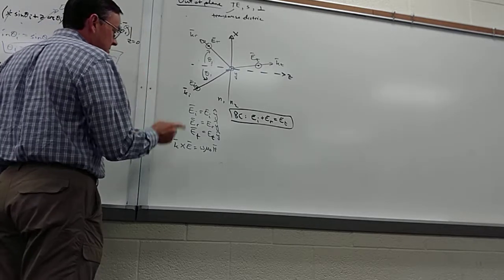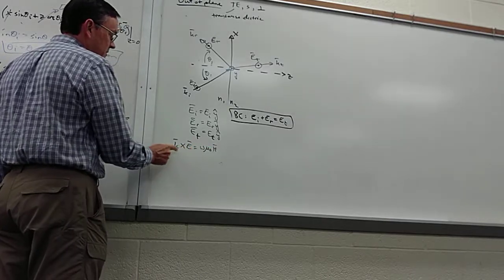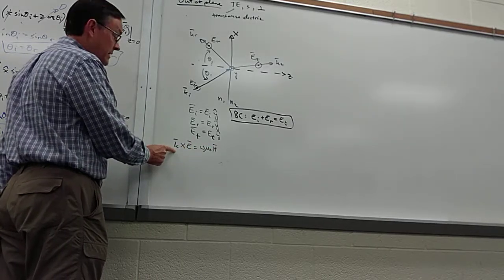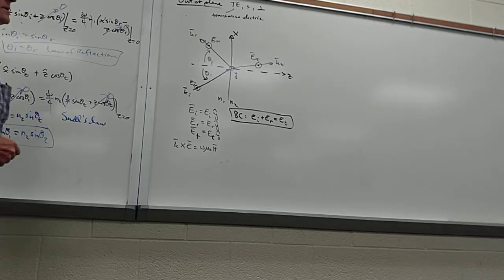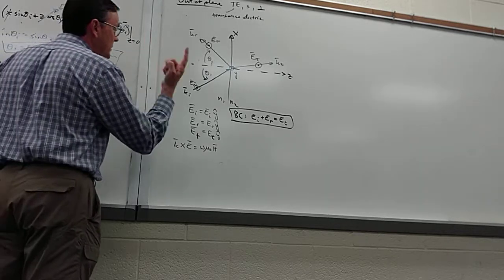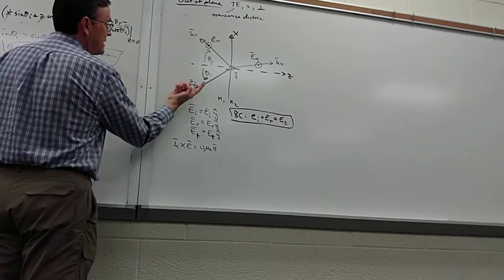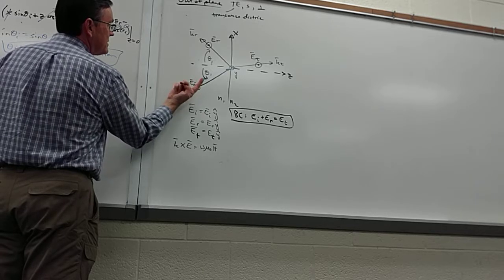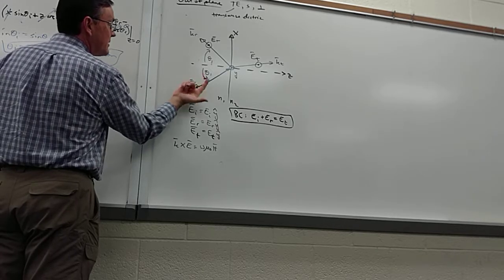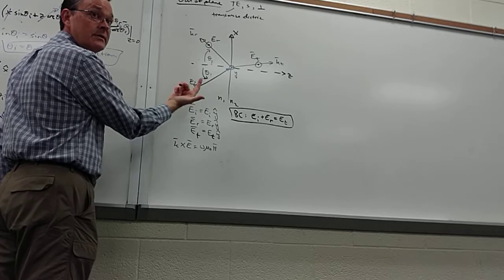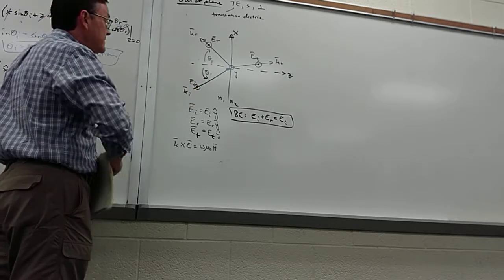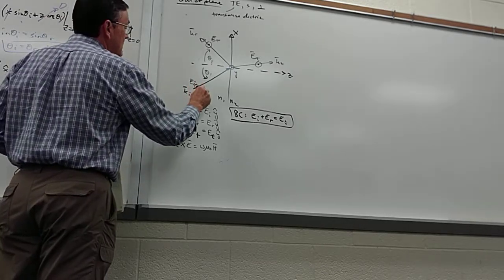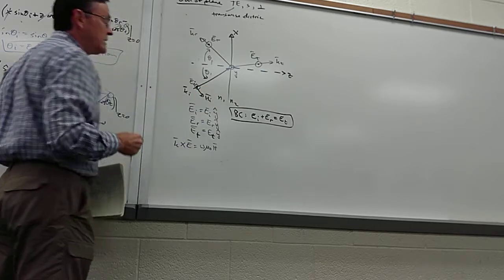And so all this is saying is that H is perpendicular to both the propagation direction, K, and the electric field. So if I stick my pointer finger of my right hand in the direction of K, and my next finger in the direction of E, then my thumb's going to be in the direction of the magnetic field. So that means that this is the direction of H sub I.